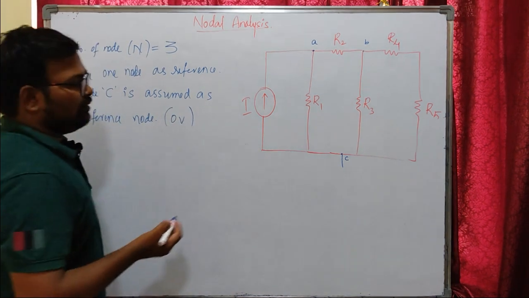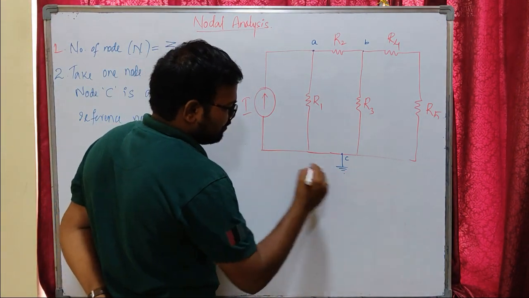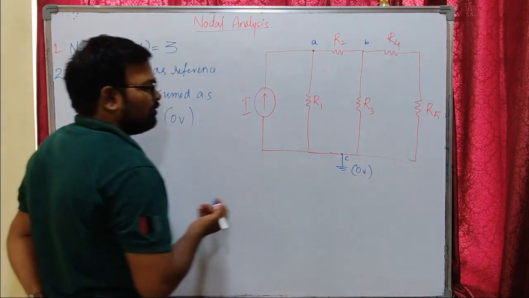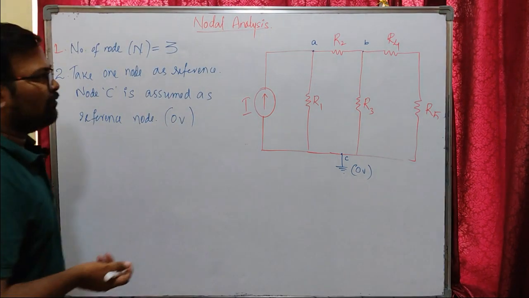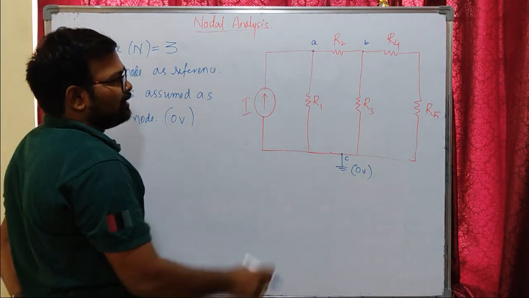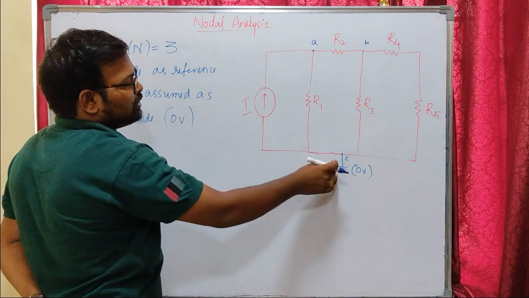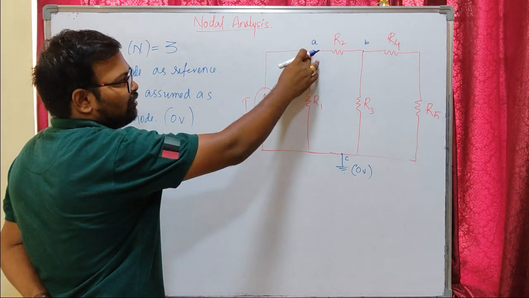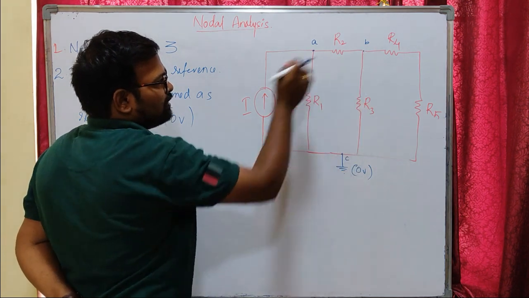This is the symbol for ground. So I have chosen C as the reference node. The voltage at node A will be with respect to our reference node, so VA minus 0 will be our voltage at node A, and the voltage at B with respect to 0 volts will be the voltage at B.